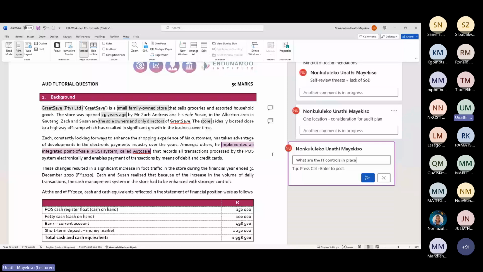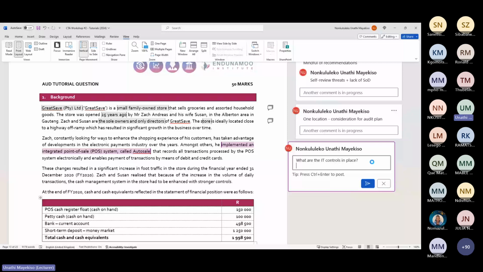It has to do with the IT controls, to see if they are operating effectively, or if they are designed appropriately to meet the control objective. Yes. So the design of the controls.